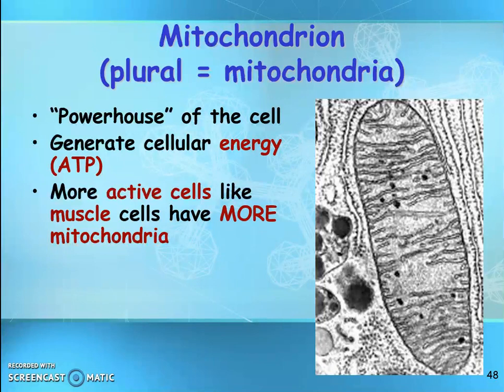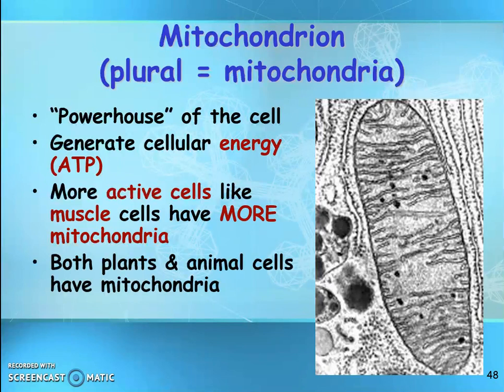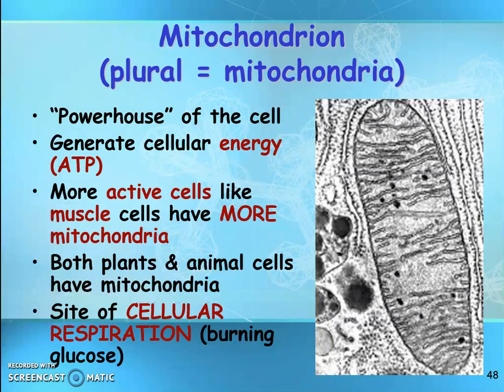So mitochondria will be maximum in those parts of the body which are continuously generating energy. In muscles you will find the number of mitochondria as the maximum. Both plants and animals have mitochondria, and they are the site for cellular respiration, that is burning of glucose to generate energy in the form of ATP.